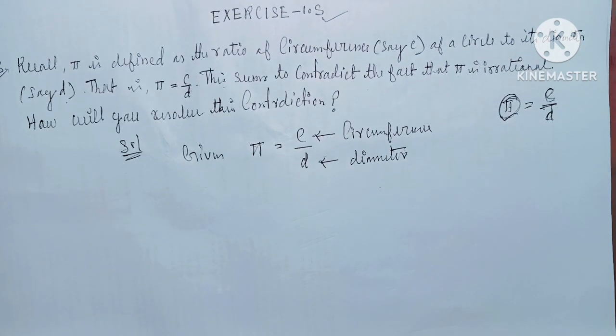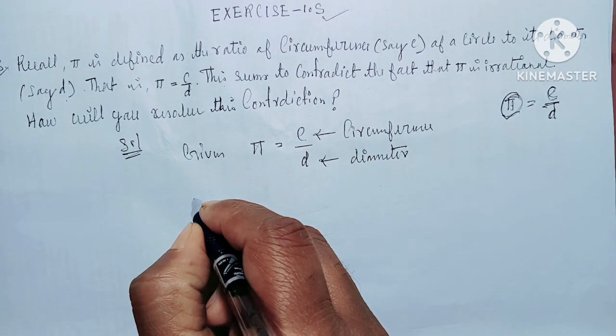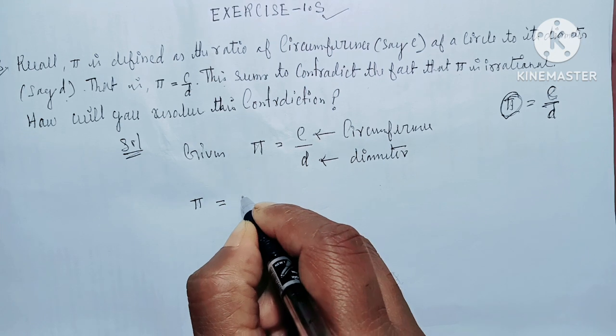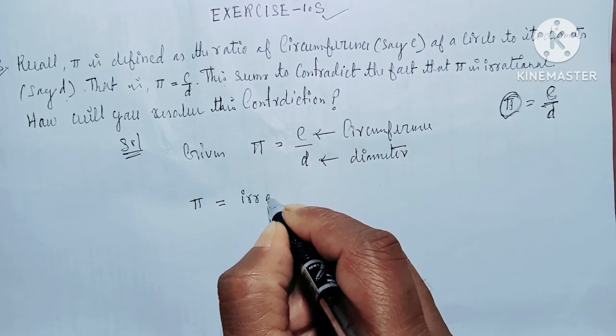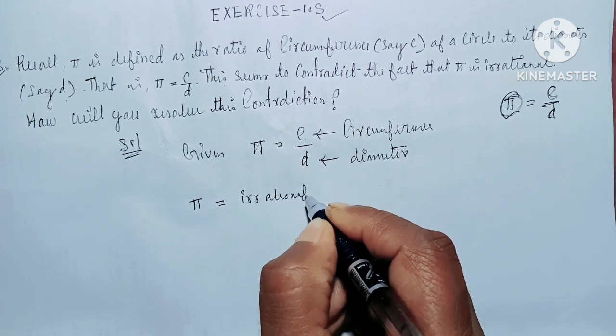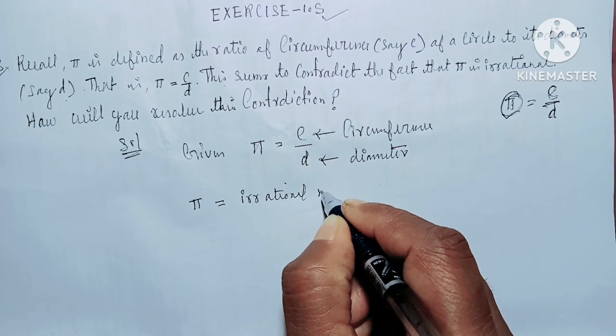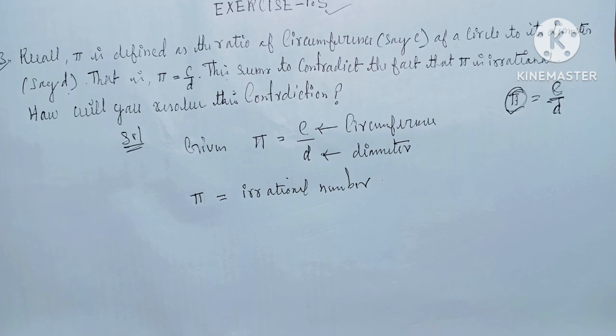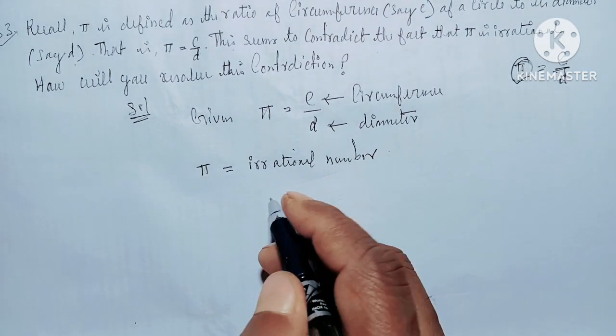Now, next given is that pi is an irrational number. Let's see how we resolve this contradiction.